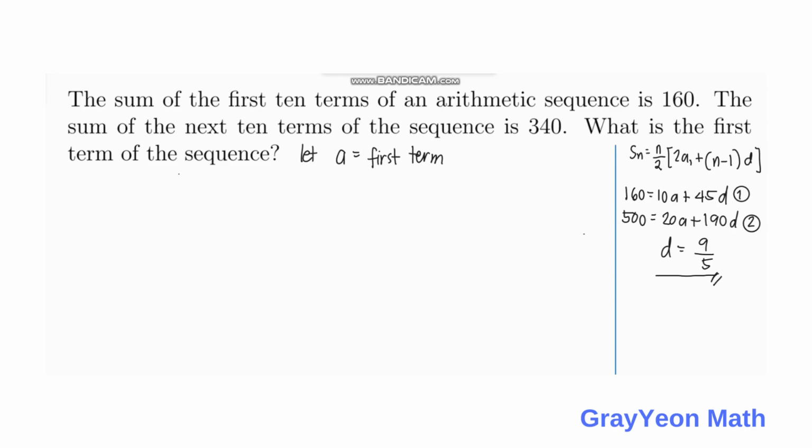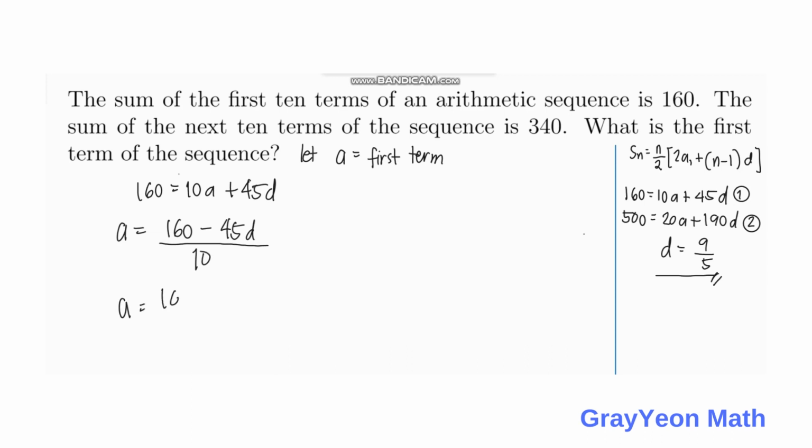The next thing, which is also the final step, is to express a, the first term, in terms of the other terms in either of the two equations. It could be 1 or 2, but let us choose equation 1. So 160 = 10a + 45d, and a is equal to (160 minus 45d) all over 10.